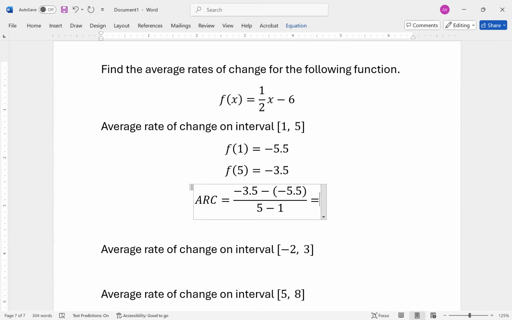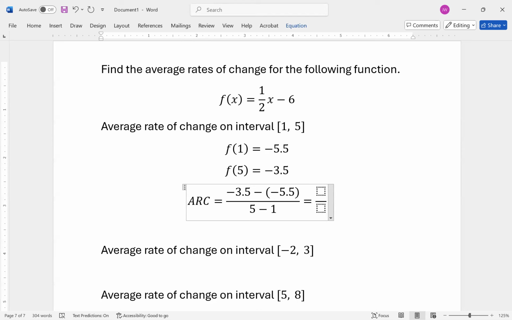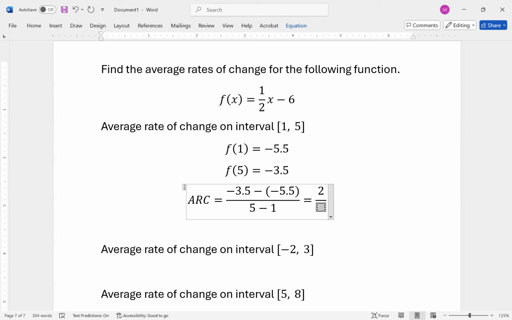X value of 1 has a y value of -5.5. X value of 5 has a y value of -3.5. When we do this, we end up with 2 over 4, which is also 1/2.